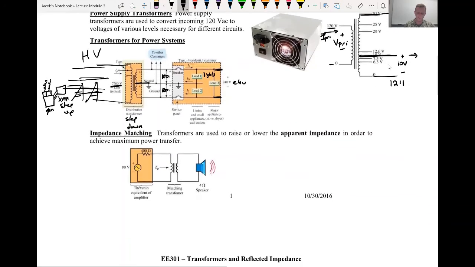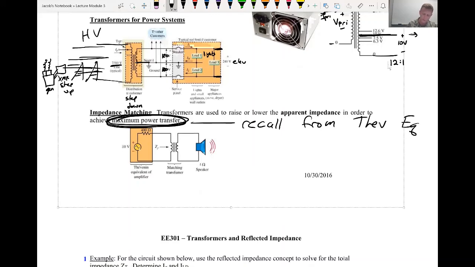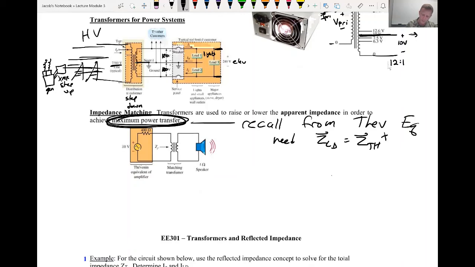Okay, so power distribution with step up and step down transformers, that's the primary use of transformers, but the other one that we can do is whenever we want to achieve maximum power transfer. And if we recall from Thevenin, right, from the Thevenin equivalent circuit, that if I wanted to achieve maximum power, I need my Z load, that's my Thevenin load, to equal my Z Thevenin complex conjugate.